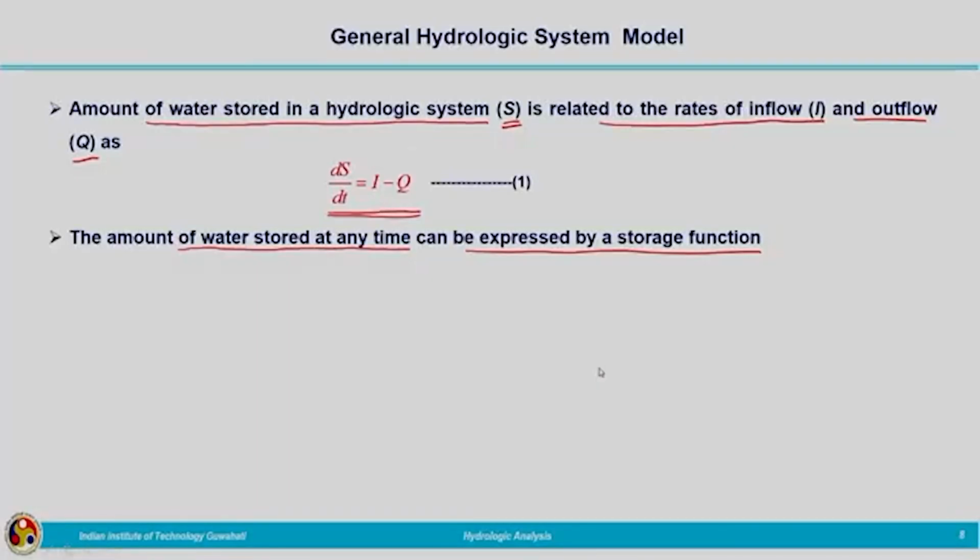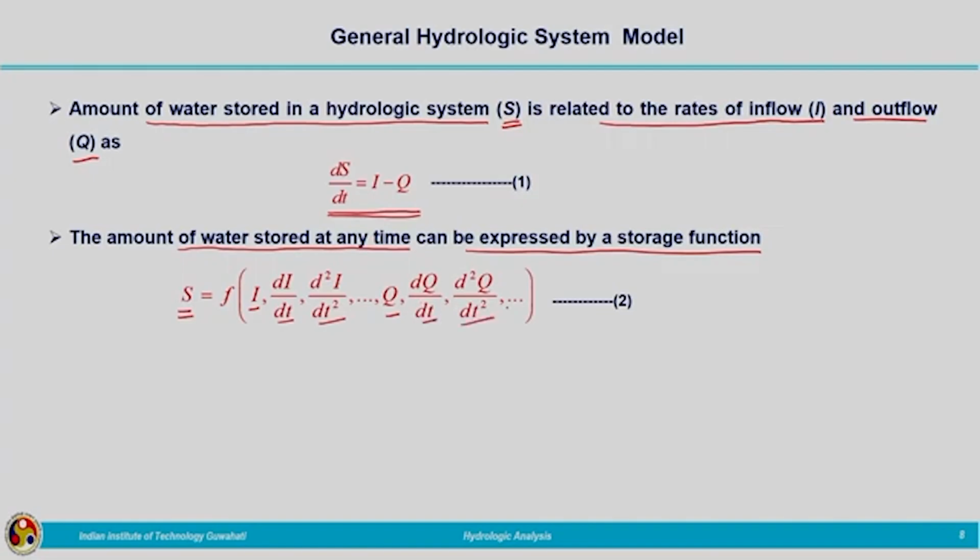The amount of water stored in the catchment at any time can be expressed as a storage function that can be mathematically expressed by means of this equation. Let this equation be equation number 2, that is storage S is equal to a function of inflow I, dI by dt, d square I by dt square, going on like that, Q, dQ by dt, d square Q by dt square.